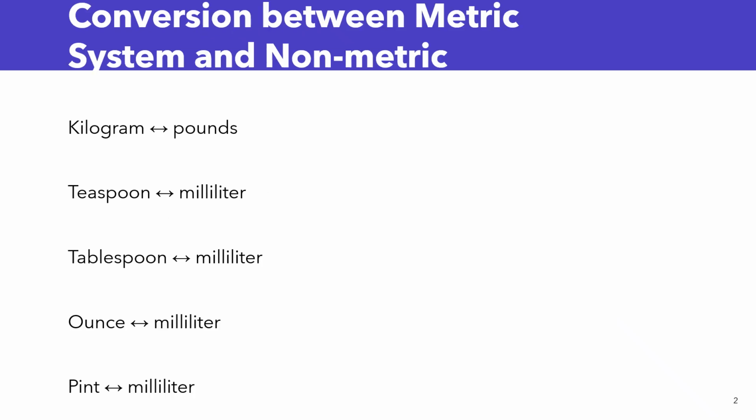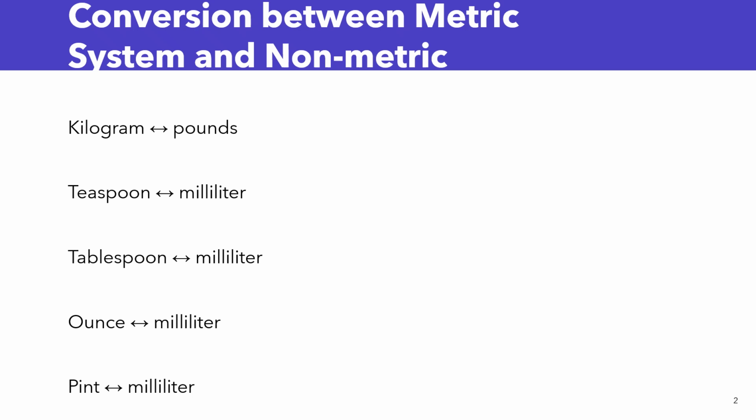Now, when converting between metric and non-metric units, there are several, and I'm mentioning here only the ones that I'm going to solve later in this video: converting from kilogram to pounds and pounds to kilogram, converting between teaspoon and ml, tablespoon to ml, and so forth, ml to tablespoon, ounce to ml, ml to ounce, and pint to ml, as well as ml to pint.